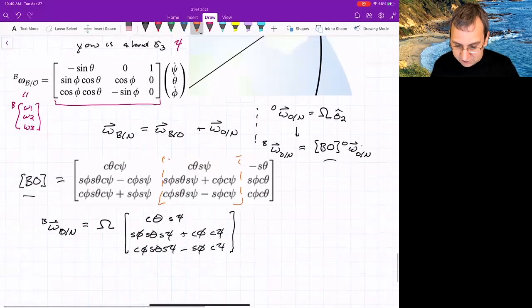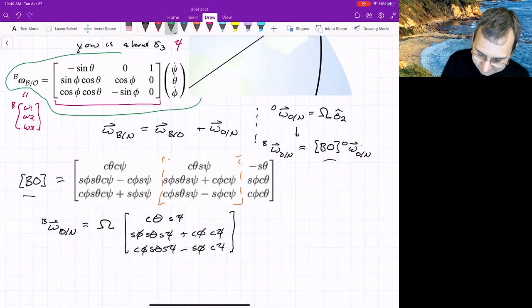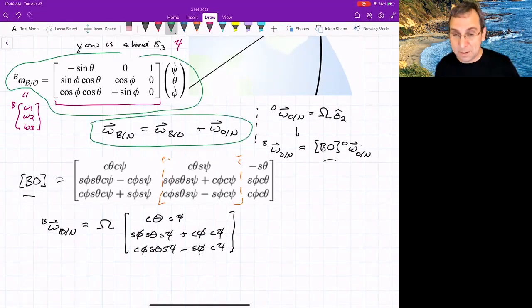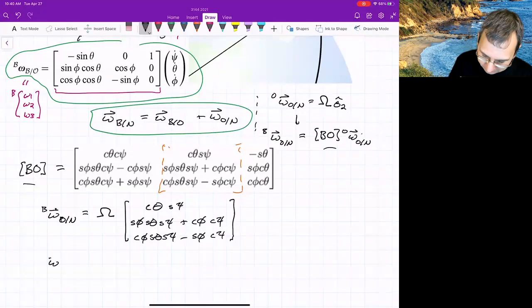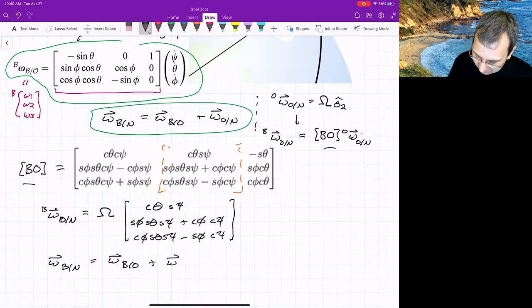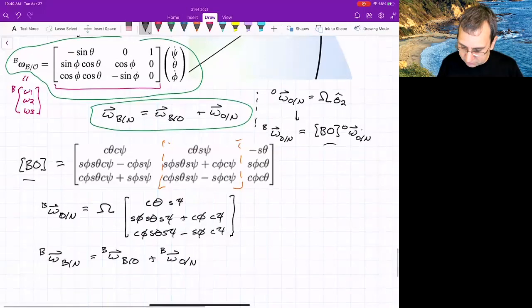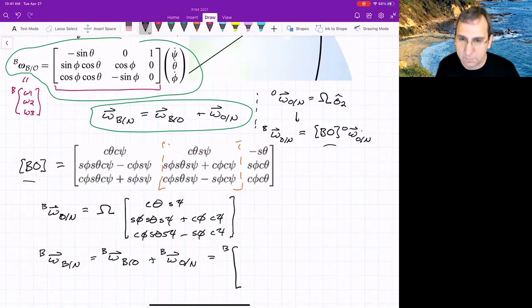We'll add this to this one here so that we get the overall B with respect to N, so we could do rigid body dynamics. So omega B with respect to N is omega B with respect to O plus omega of O with respect to N. We're writing all of these now in the body fixed frame. And so what will it be? Let's just work it out. It's not pretty, but we'll make some simplifying assumptions.